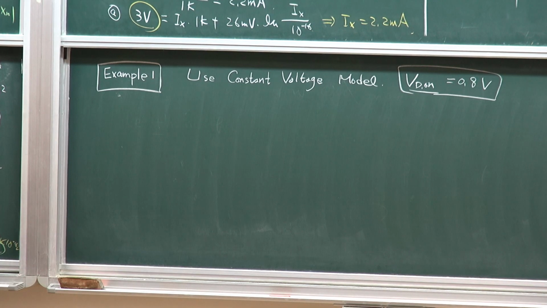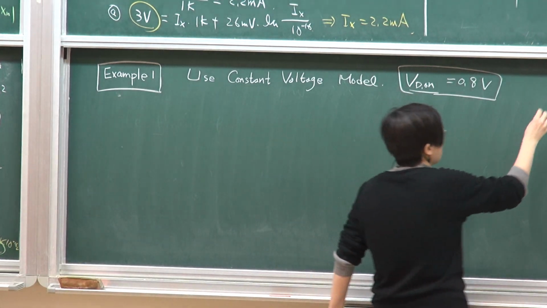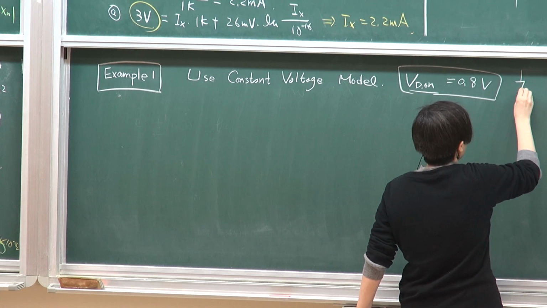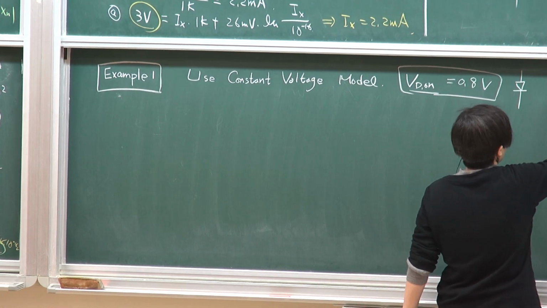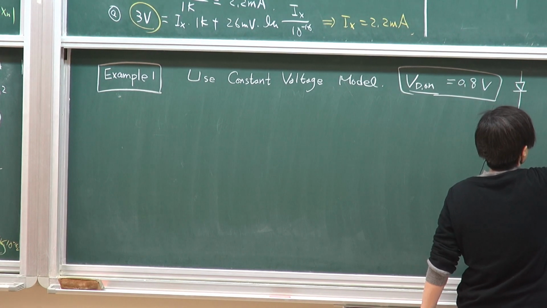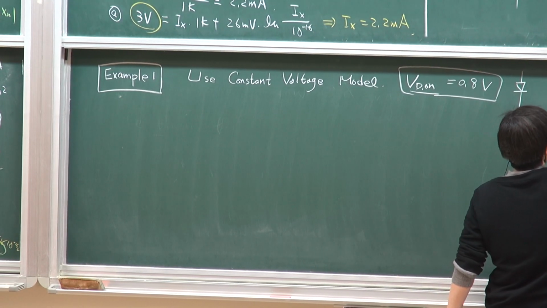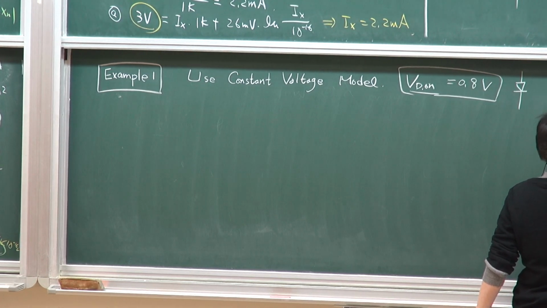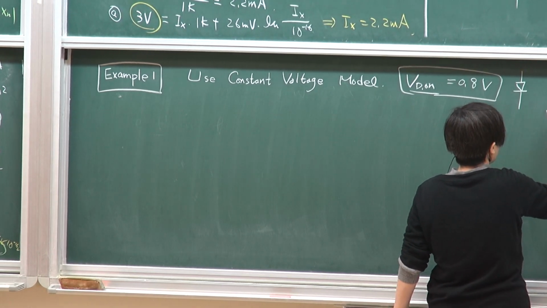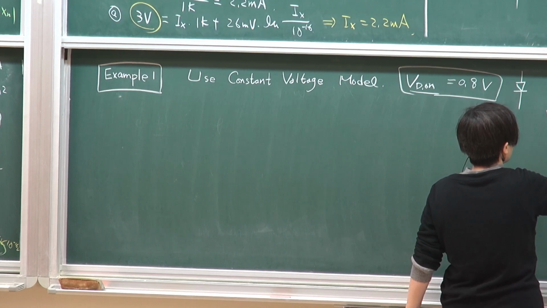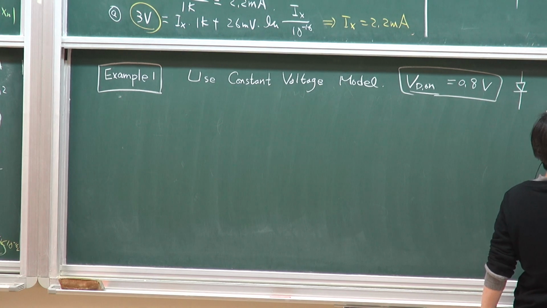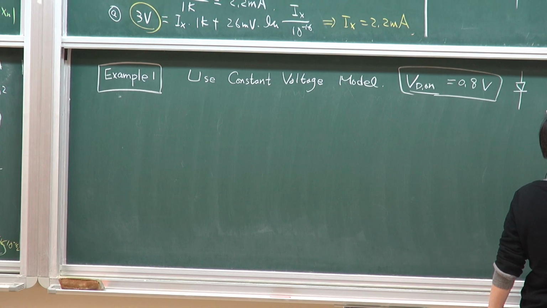Let me remind you what the constant voltage model is. For a diode, when VD is smaller than VD on, we assume that it's open. If VD is larger than or equal to VD on, we assume it just takes on a voltage drop.